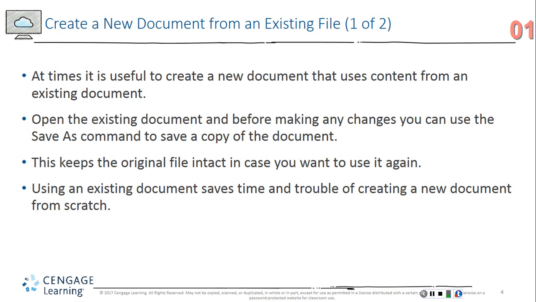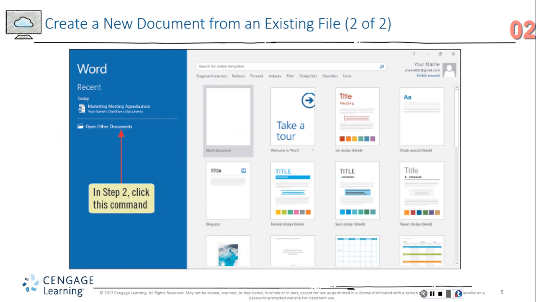And when you save as, back to creating a new document from an existing file, when you save as and title the new document a different name, then that keeps the original file intact, as the 3rd bullet point states. It's a time saver. Prevents duplicate work, and it's something that everyone definitely needs to learn how to use.